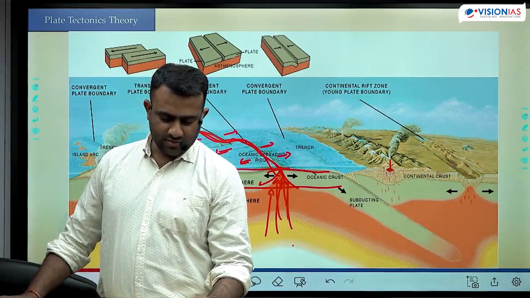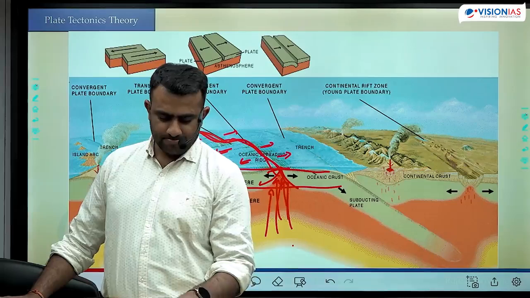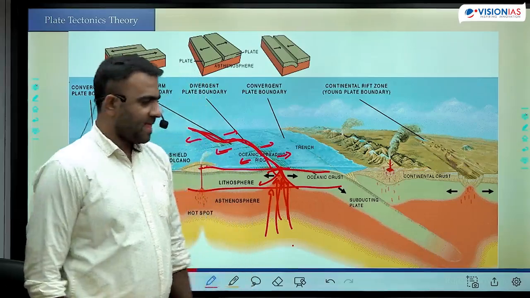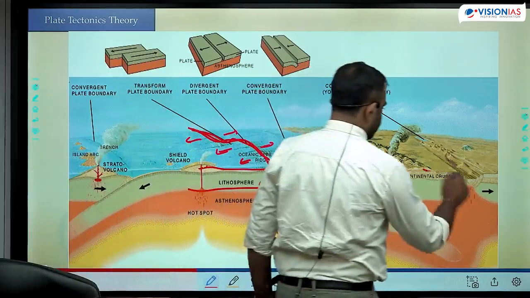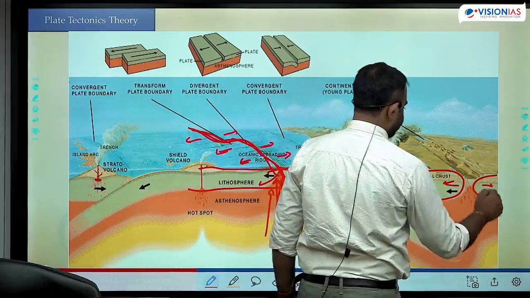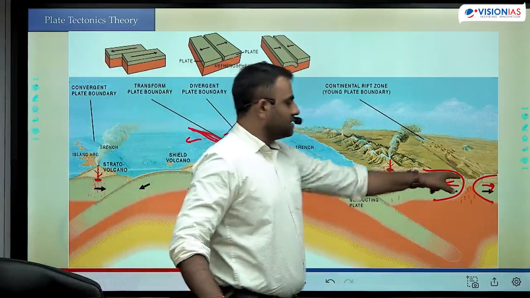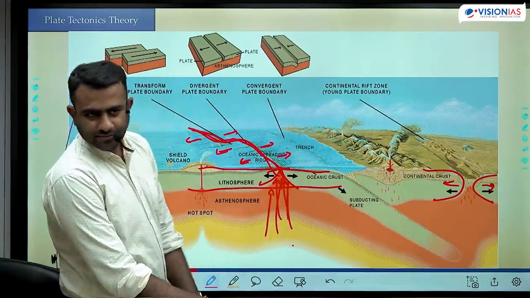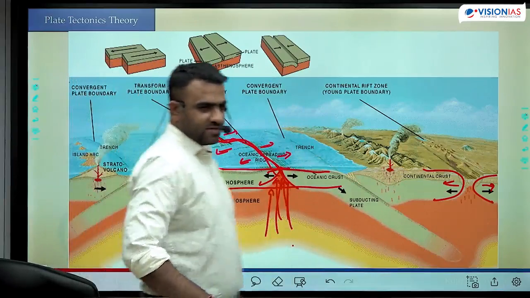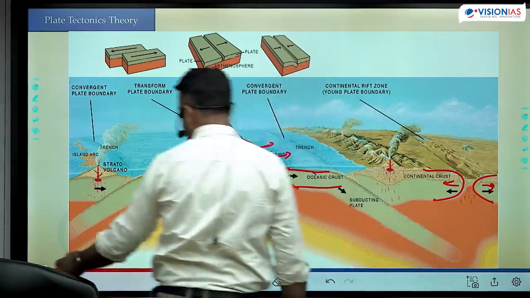And the same thing happens over the continent. There it creates continent-continent divergence. However, this involves 3 stages. Continent-continent divergence involves 3 stages.